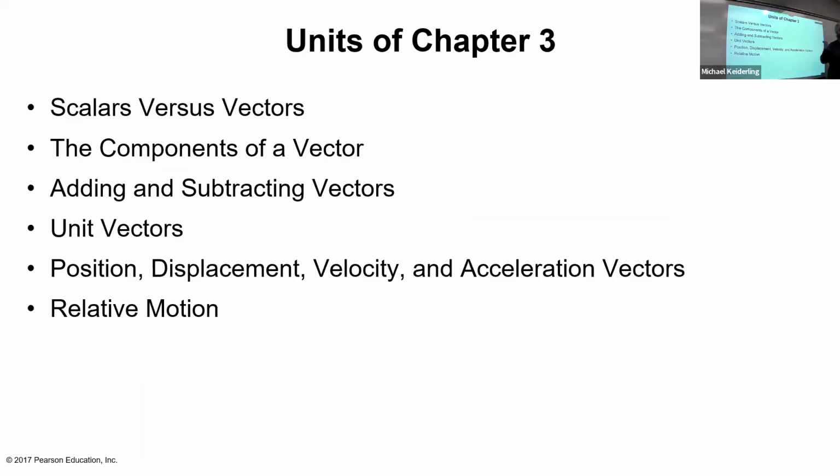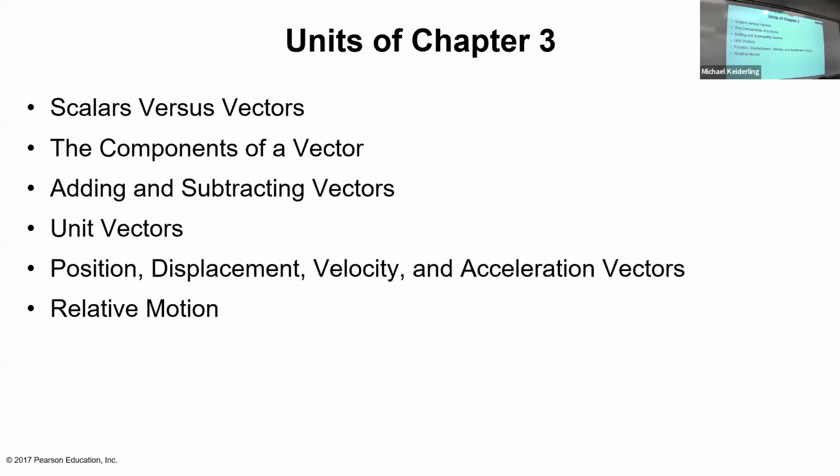Then we'll talk about unit vectors, which are vectors of unit length, which we use to designate directions. They make it easier to do things like write out a vector in component form. We'll talk about particular vectors, the position, displacement, velocity, and acceleration vectors.